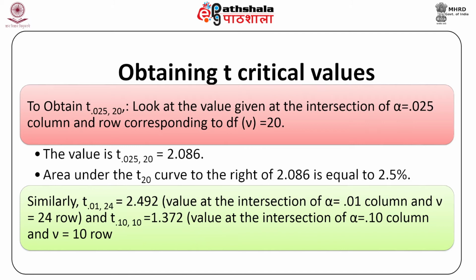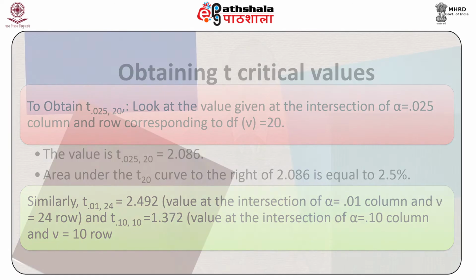Similarly, if I define t 0.10, 10, then we find it is equal to 1.372, which is again the value at the intersection of the alpha equal to 0.10 column and the nu equal to 10 row.